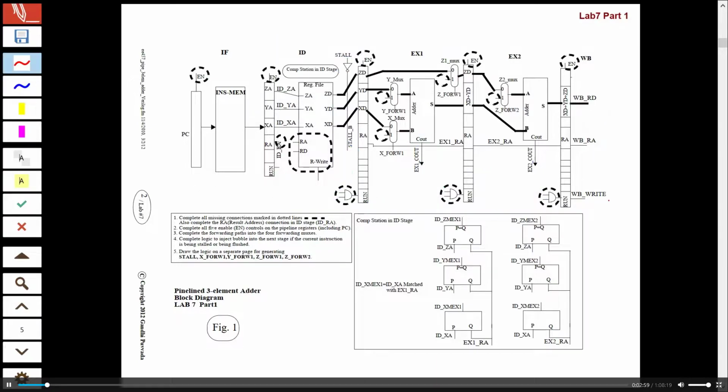So what are the occasions for stalling? First, there is a comparison station with all the external comparison units, which do not include the internally forwarding register file comparison units.